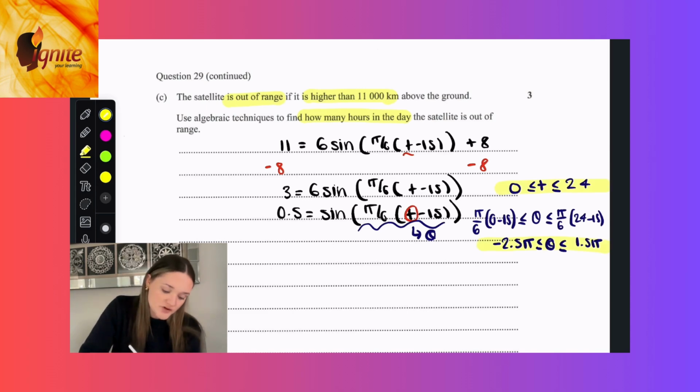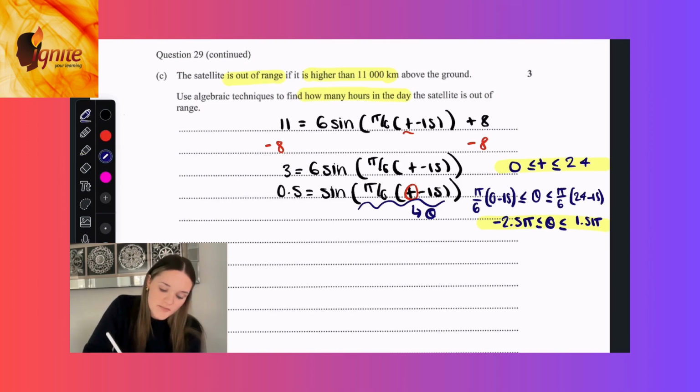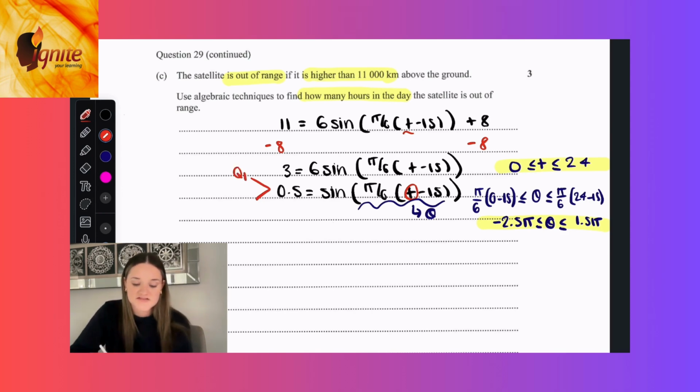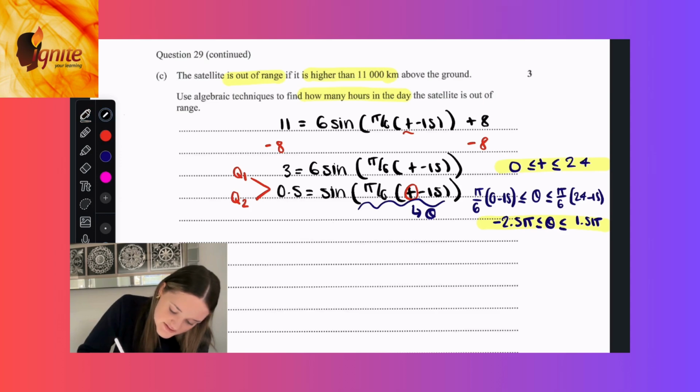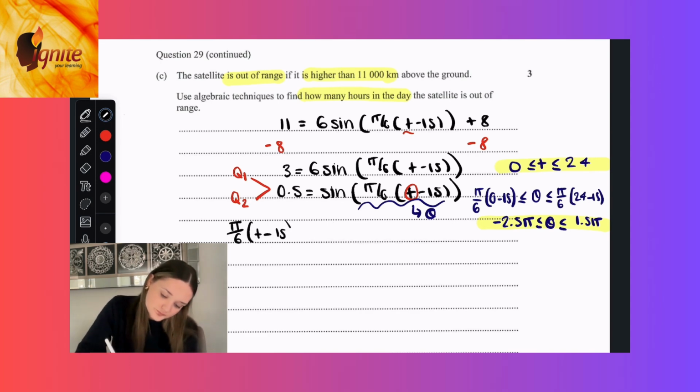Looking back at my equation, I know that my sine is positive at 0.5, and sine is positive in quadrants 1 and 2. So sine of 0.5 gives me pi on 6, or 30 degrees. So I have pi on 6 times t minus 15, my theta, equal to pi on 6.